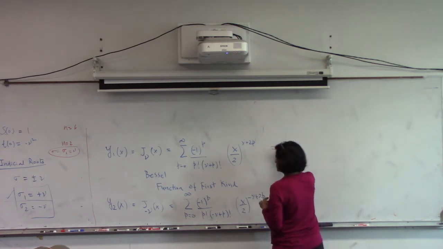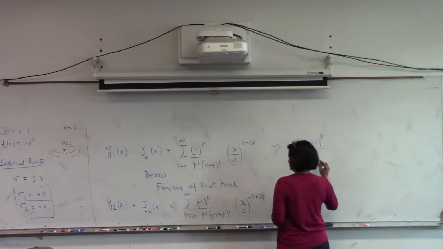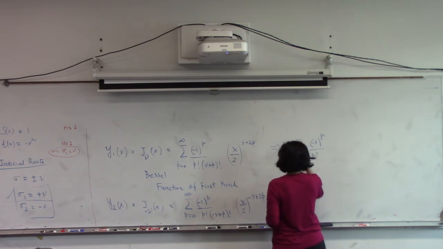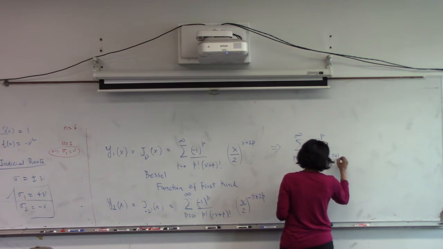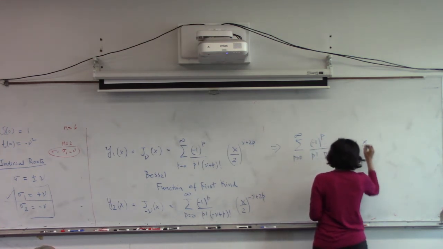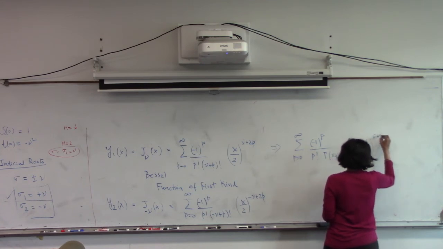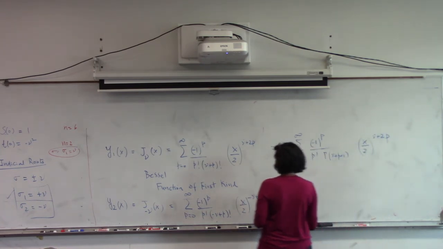So this is normally written in this form. Mu factorial is what? Mu plus 1, right? So you have to add one to that.